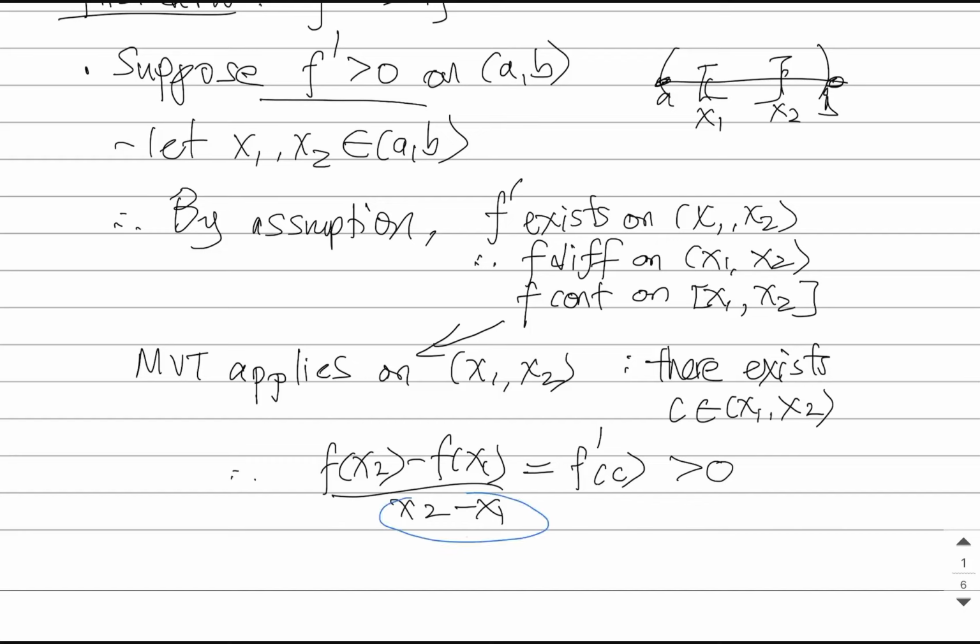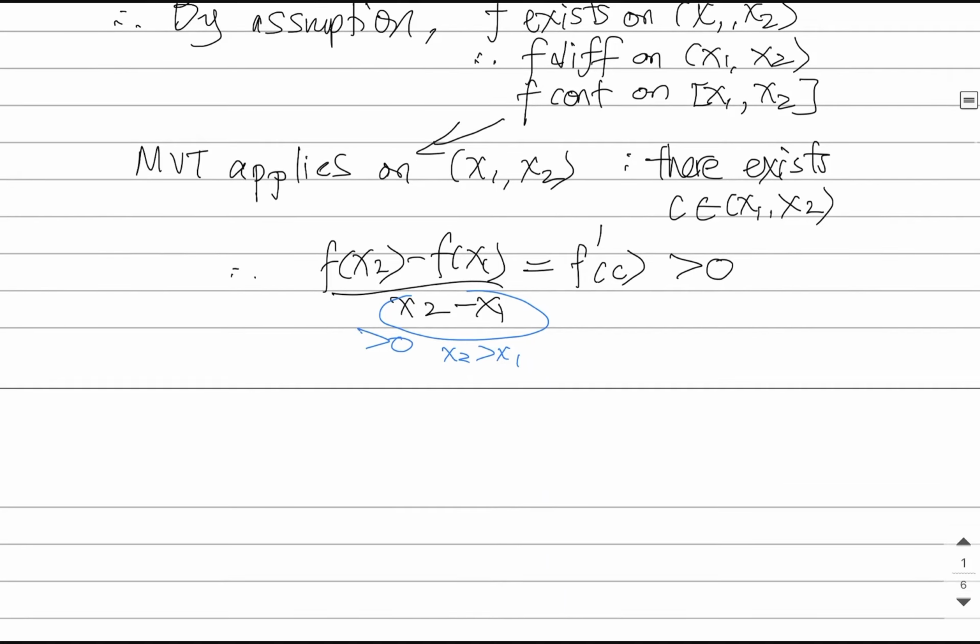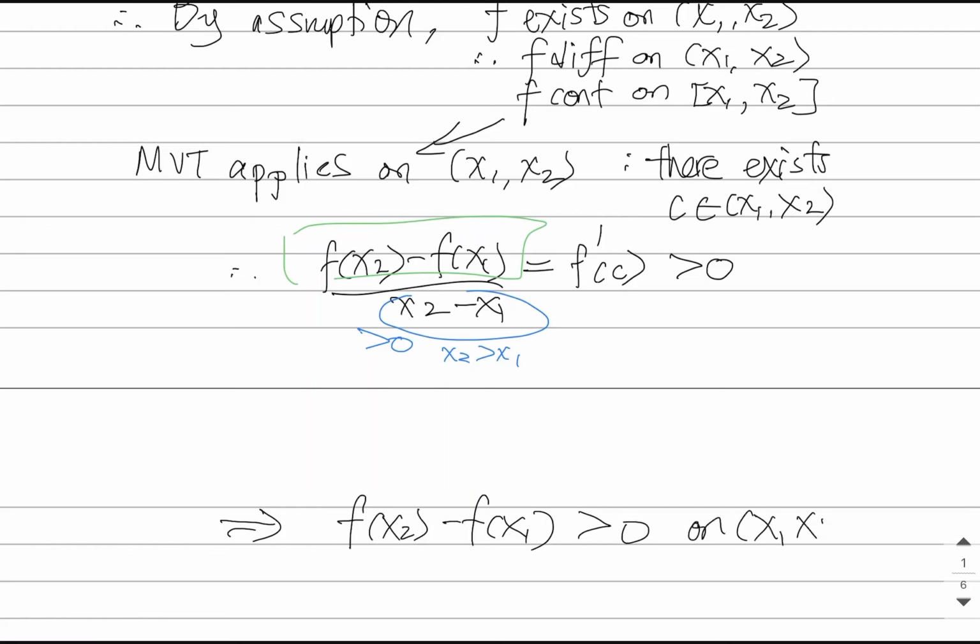Breaking this down even further, we know that the denominator is positive because x2 is greater than x1. And the only way that this fraction will end up being a positive number is by having the numerator be positive. So that implies f of x2 minus f of x1 has to be positive on our interval x1 to x2. And that means f of x2 has to be bigger than f of x1 on that interval.